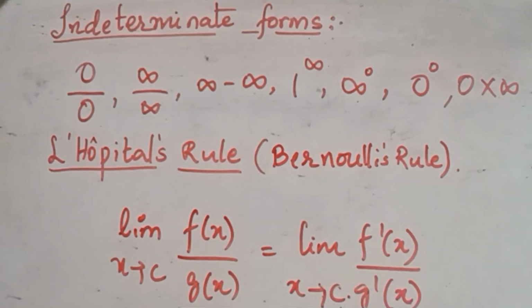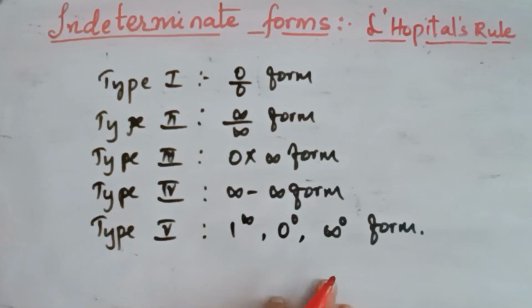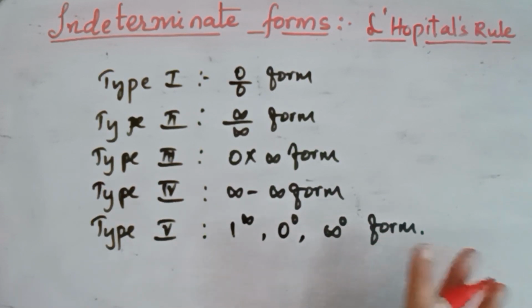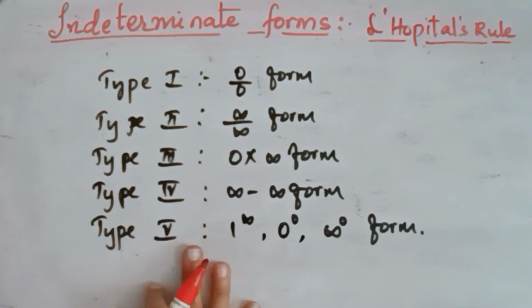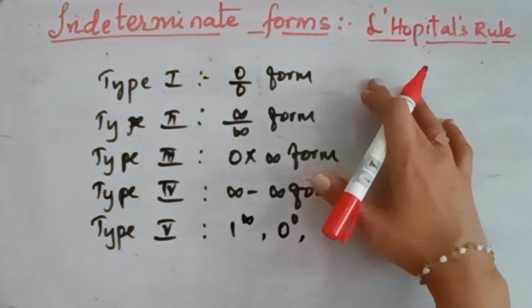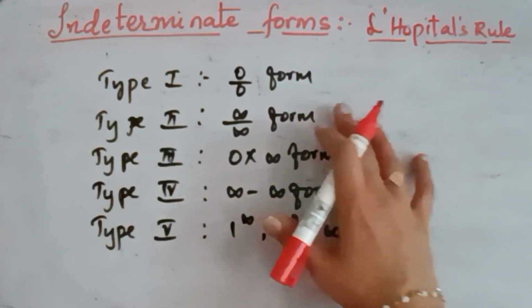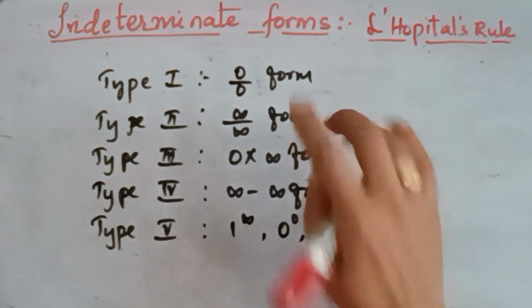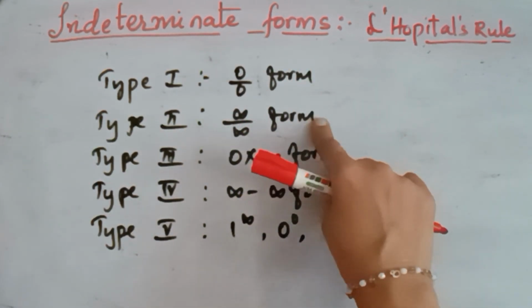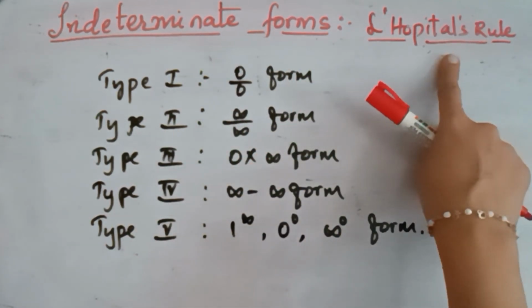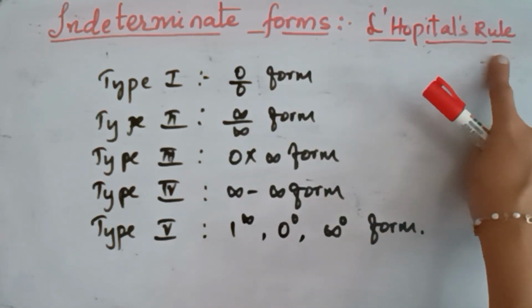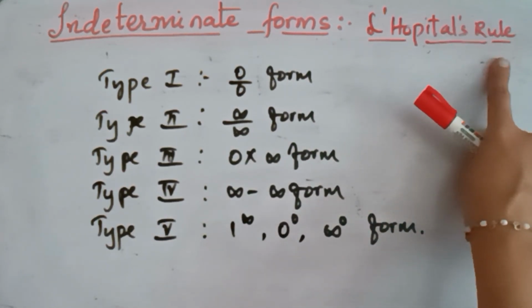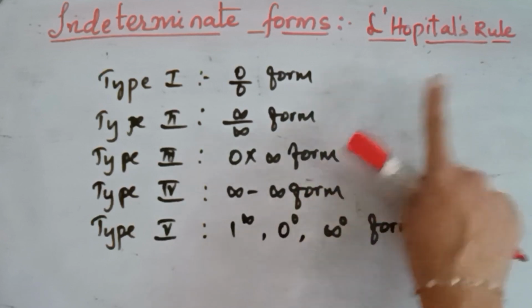Let us solve problems. Before solving the problems, we will segregate them into these 5 types. The first type is 0 by 0 form, the second type is infinity by infinity form, and in these remaining types, we can convert either to 0 by 0 form or infinity by infinity form. Then we can apply L'Hopital's rule, because L'Hopital's rule is specifically for indeterminate forms 0 by 0 and infinity by infinity.